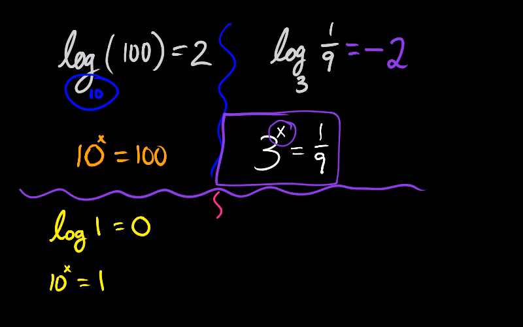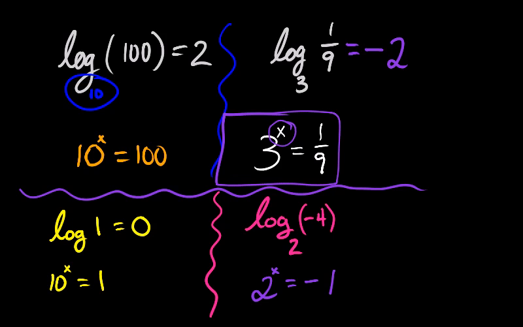And then there's one last thing I want to say, and it's this. The log base 2 of -4, right? If you were to rewrite this, you would rewrite it as 2 to some power equals -4. Now you may be thinking to yourself, all right, 2 to the second is 4.